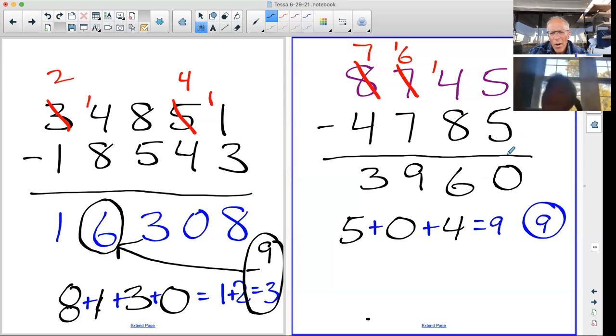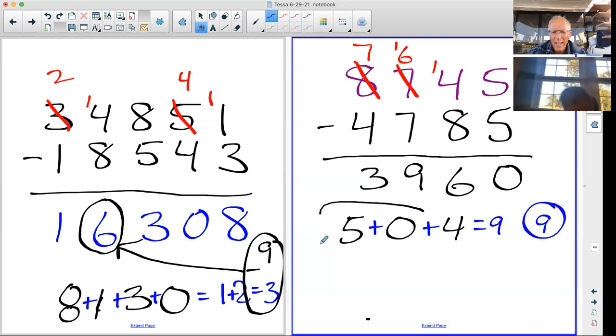I forgot the 8. What do you mean you forgot the 8? Okay, I put it back right this time. Yeah, but how did you get 504 and 9?